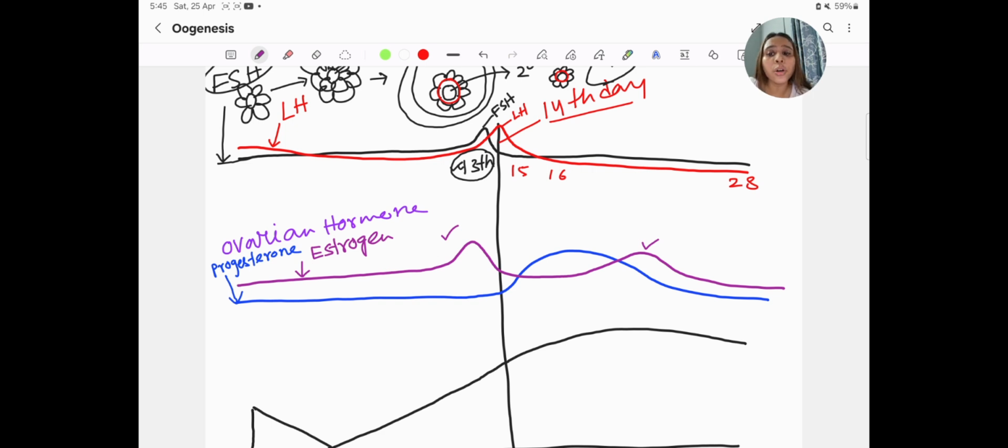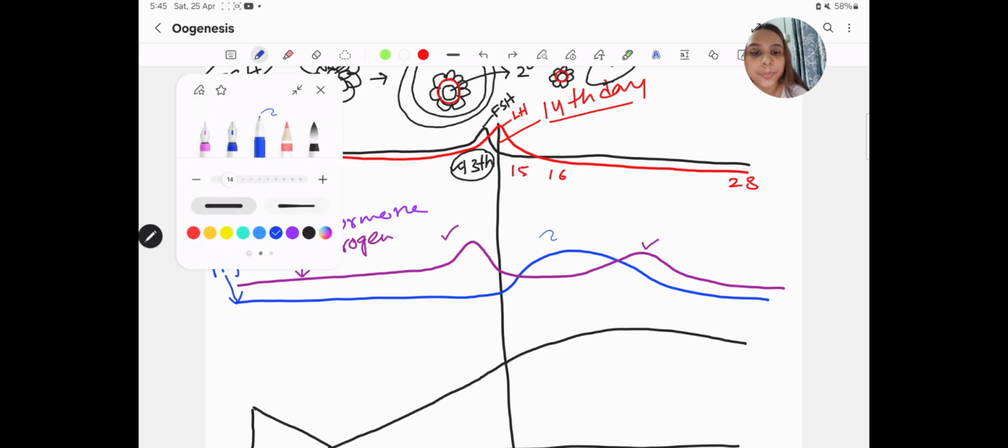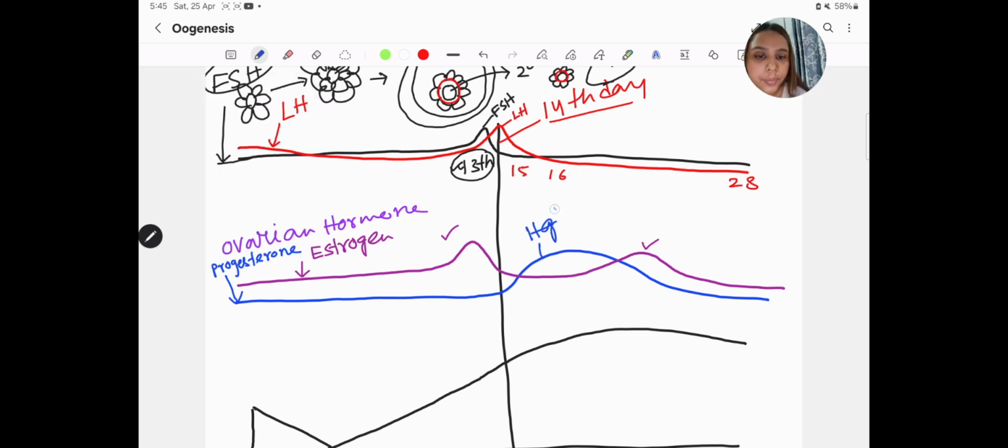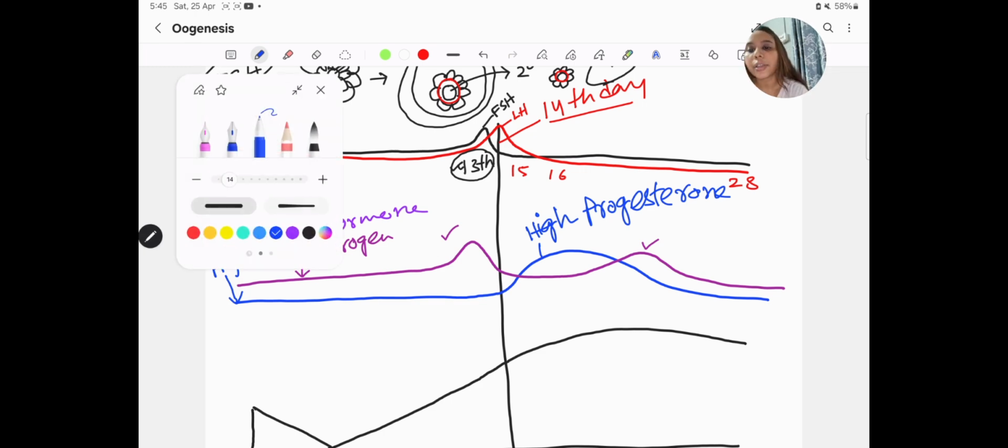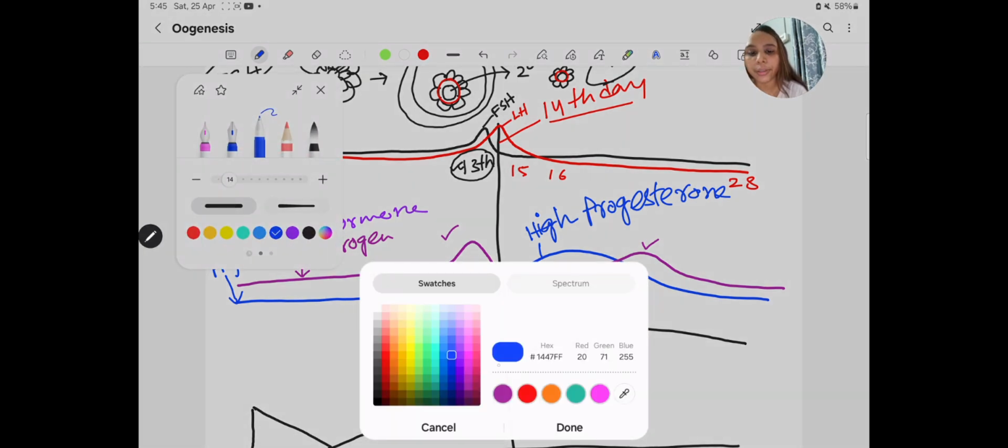So after the 14th day we get a little bit of estrogen and a high progesterone level.